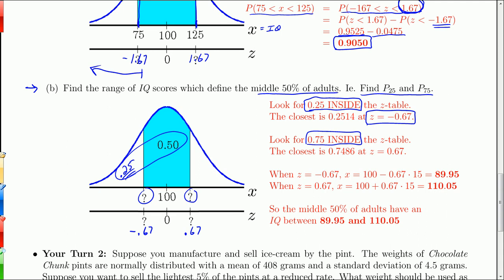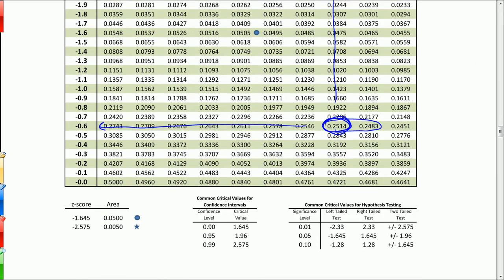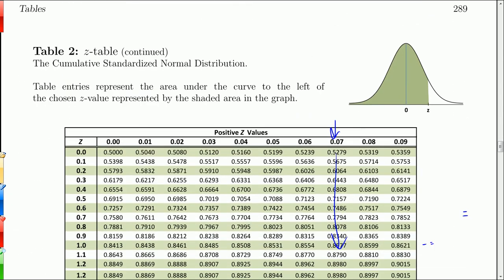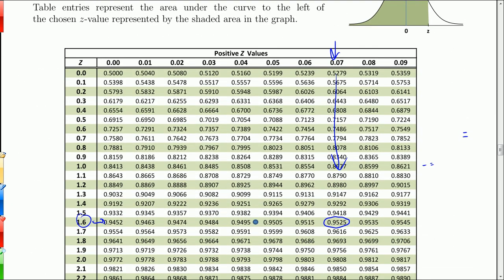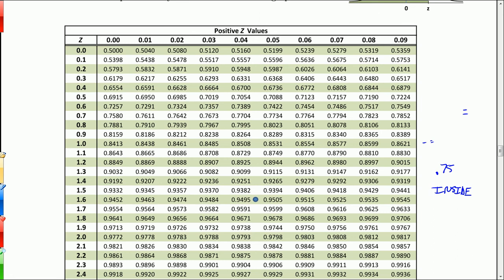But if you do look for 0.75 inside the z table, let's see what we get. I know it's a positive z-score. I'm looking for 0.75. Let me erase this from the last problem. So in here, I'm looking for 0.75 inside. Looks like we're at the top here.